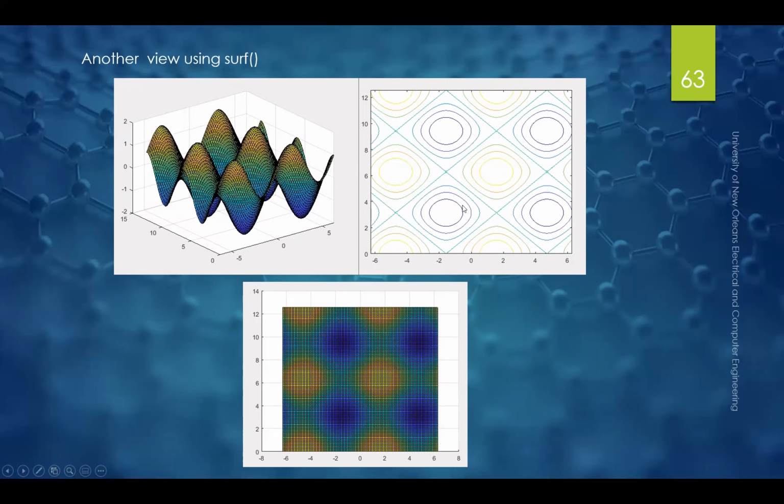Now the contour is a little more defined. It doesn't put any color around those areas like the surf does in these two cases. And it's just another view of the same plot, right? But it's interesting because you can use it to understand different types of information, like information you can see here, that may not be as obvious when you look at the three-dimensional plot like that, right? Okay.